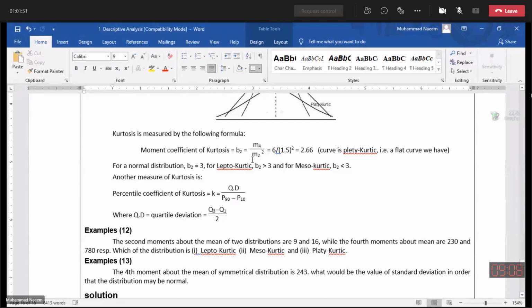So if the fourth moment is 6 and the second moment is 1.5, putting in this formula we get a value of 2, and this will show that the curve is platykurtic.